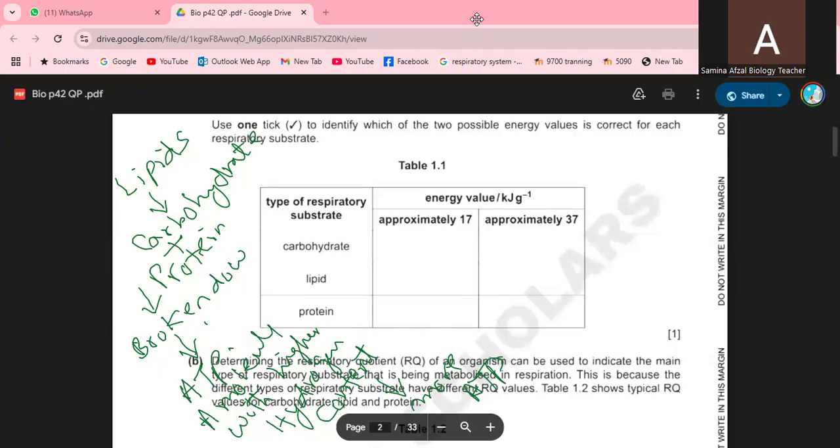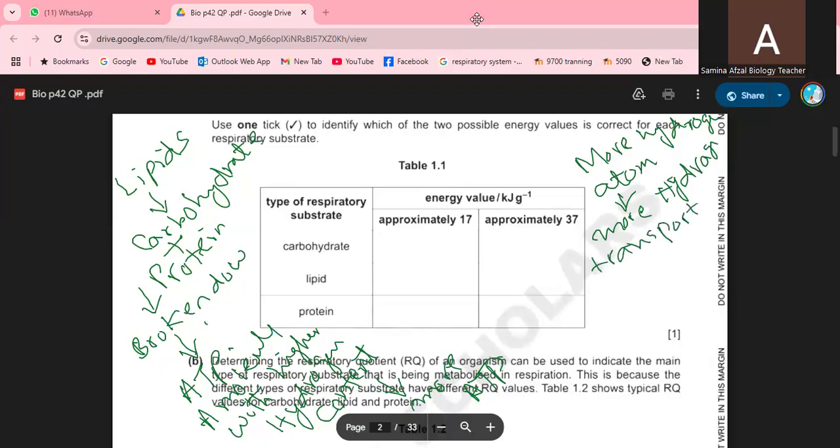So I would like to explain that if there are more hydrogen atoms, then it means more hydrogen transported by NAD and FAD to the mitochondrial matrix, and then greater chemiosmosis and then more ATP production.